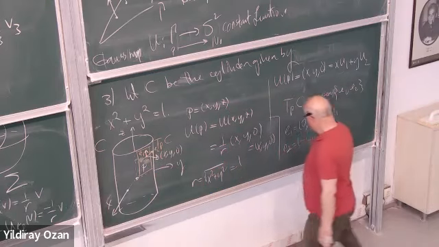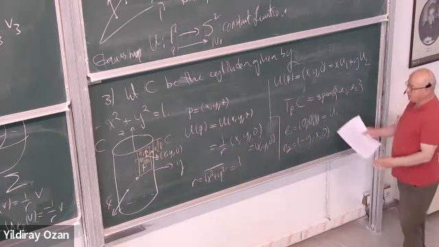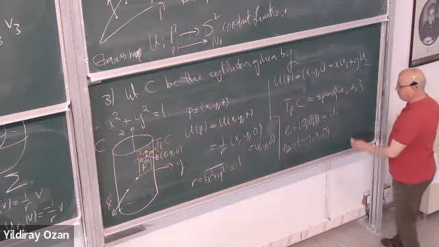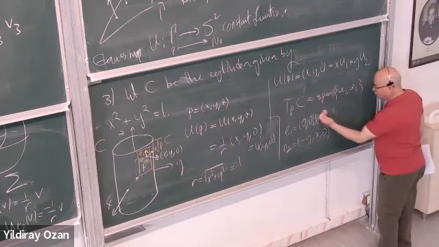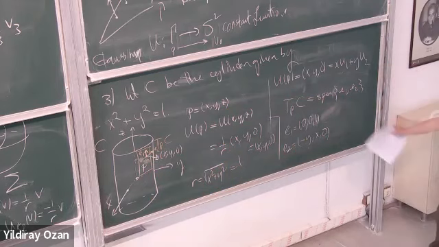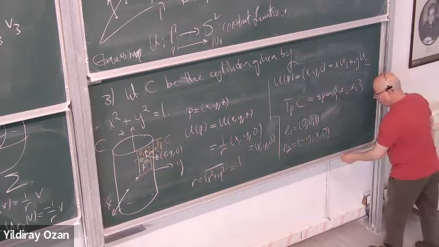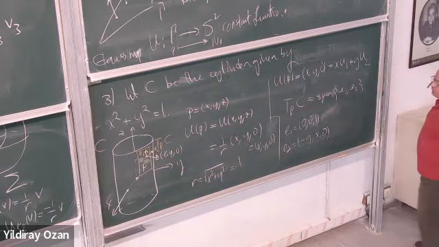Okay. How can you check that these are... so this is U1, this is not U1, this is U3. But let's just have these two. How can you check that whether these are really tangent vectors?